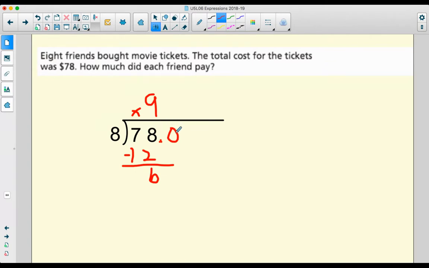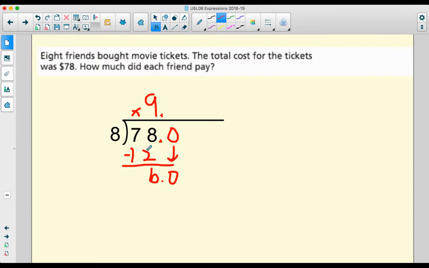It's still 78. I just have 78 and 0 tenths. Now don't forget my decimal point in my quotient. When I bring down my 0 tenths, it changes the 6 ones into 60 tenths.